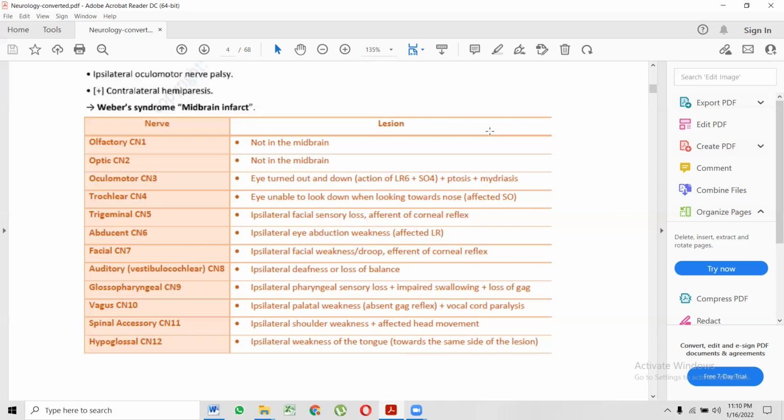Now, what will happen if there is a lesion or damage to the oculomotor nerve? The muscles that are supplied by cranial nerve 3 will be paralyzed.